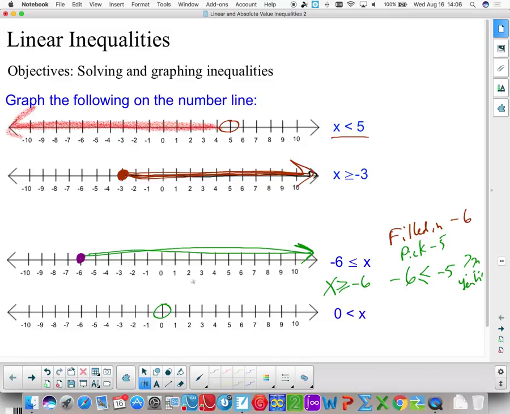I'm going to pick a nice positive number like 1 if I can, or 2. Is 1 bigger than 0? Yes. So 0 less than 1, is that true? Yes. So if I pick this point and it's good, then I shade that side. If I picked it and it's not good, I run away from that side and shade the other side. Okay?